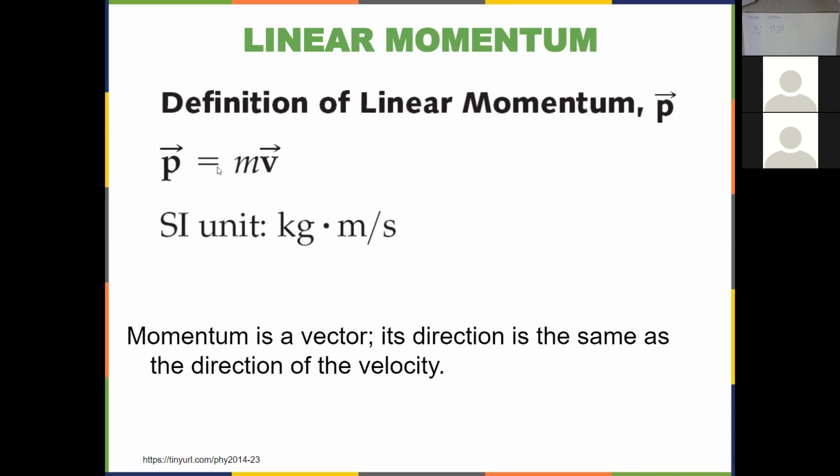Because velocity is a vector quantity times the scalar quantity of mass, the momentum is also a vector quantity. The SI unit for momentum comes from the SI unit for mass times the SI unit for velocity, so it's kilogram times meters per second. And the momentum has the same direction as the velocity. So that's momentum.